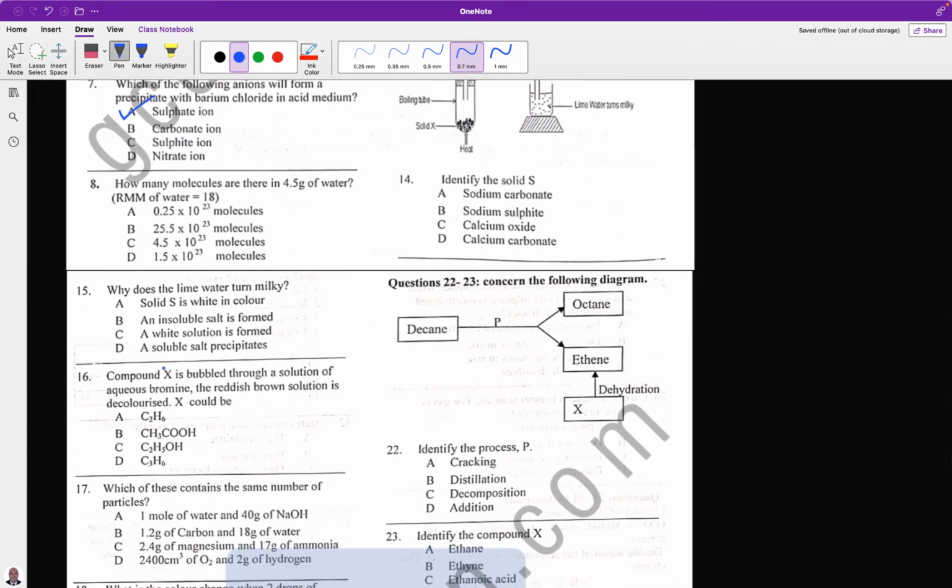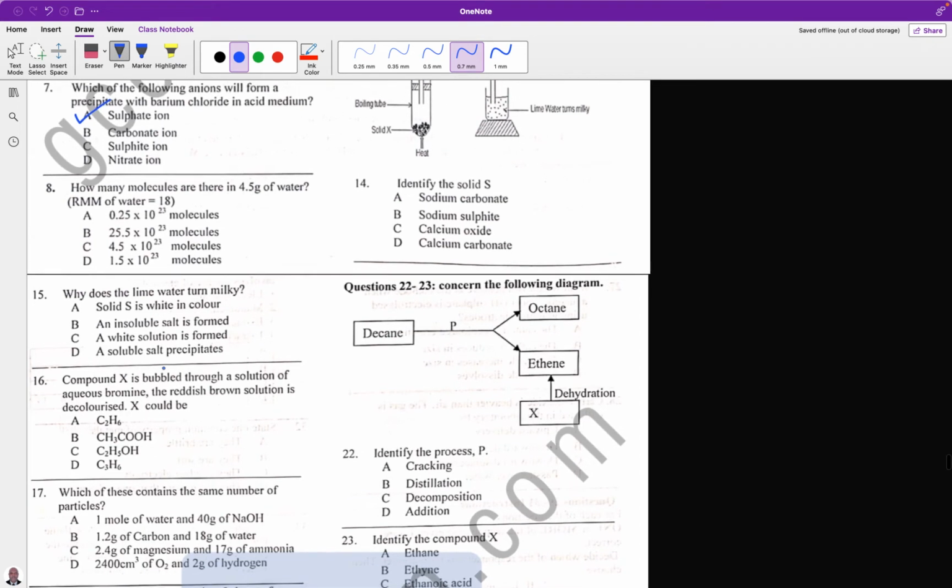Okay, question number 8. How many molecules are there in 4.5 grams of water? Okay, we are now going to go into our calculation.